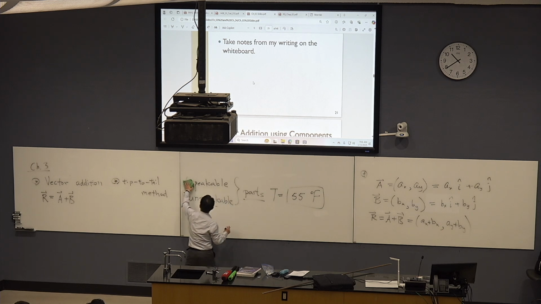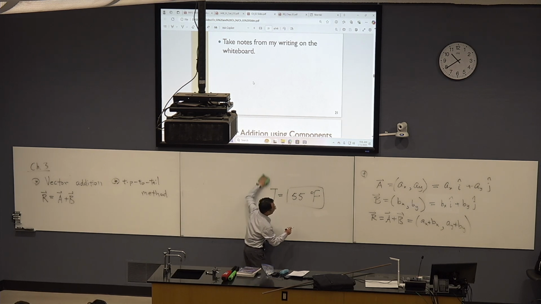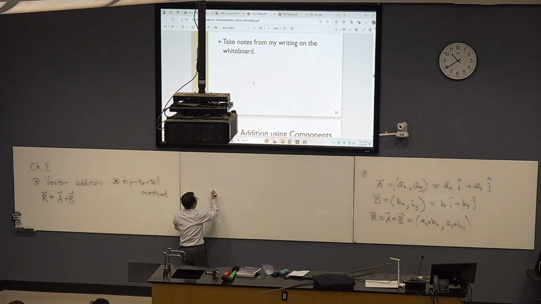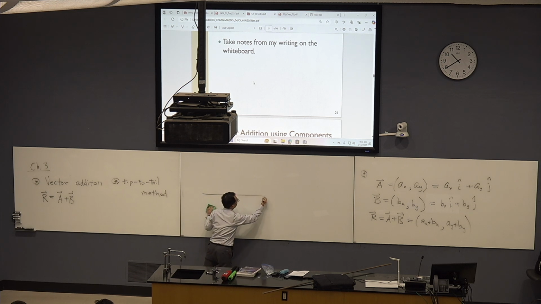What I meant is as follows. Here you can define a coordinate system. Here this is X and Y. This is high school information, X and Y, and this is my origin.